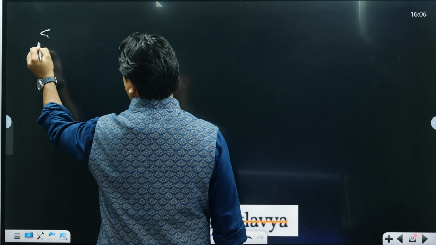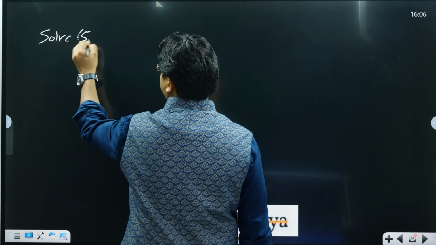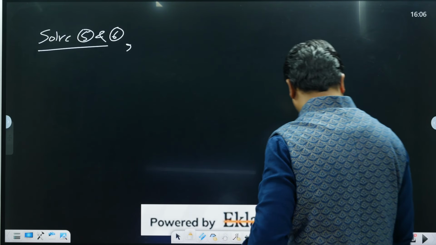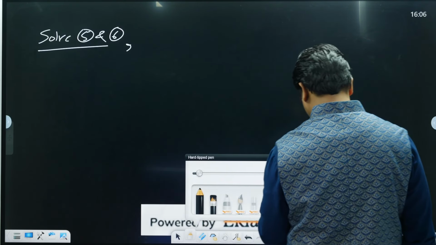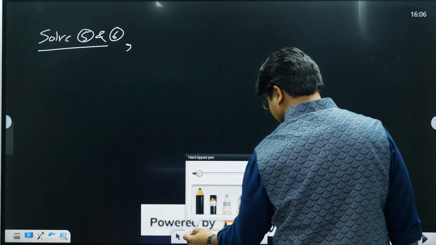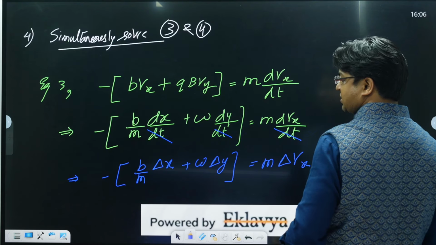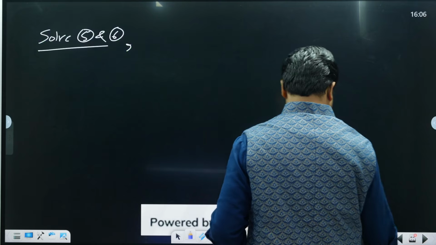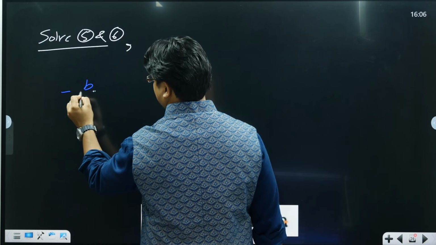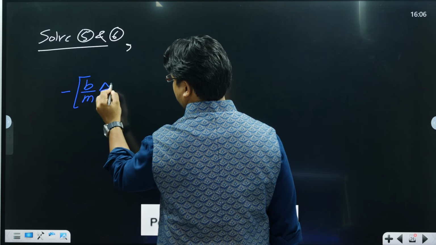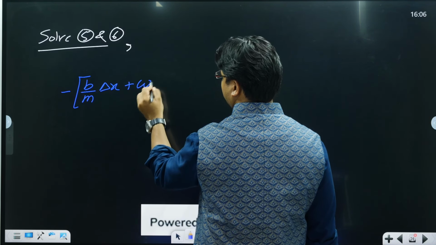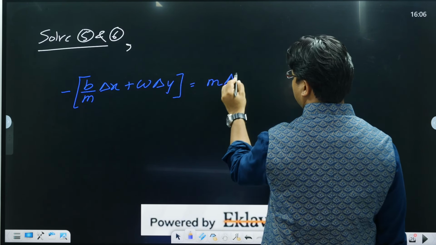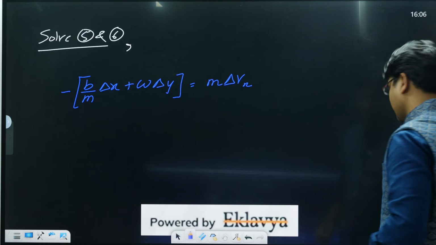How do I do that? I will first write those equations and then I can start solving. Equation number 5 is minus B by M delta x plus omega delta y is equal to M delta Vx. I hope this was the equation.